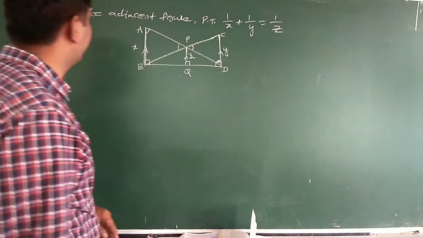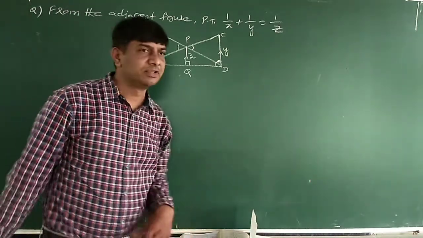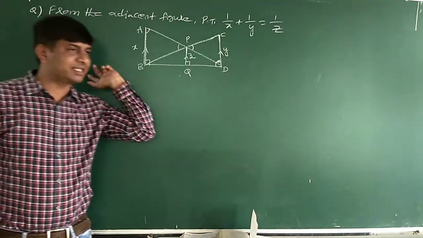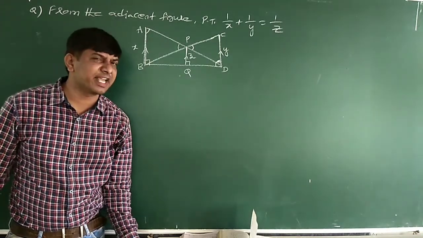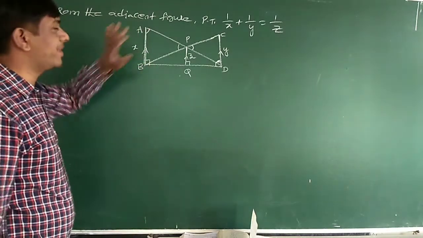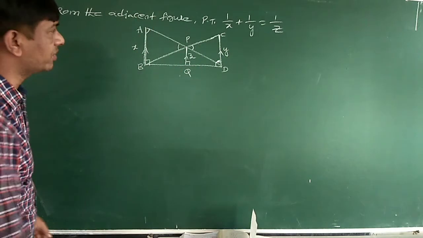This is your diagram. In your textbook you have the complete information of the problem. I am not taking that complete information, just the diagram, because space will not be sufficient to write the question.